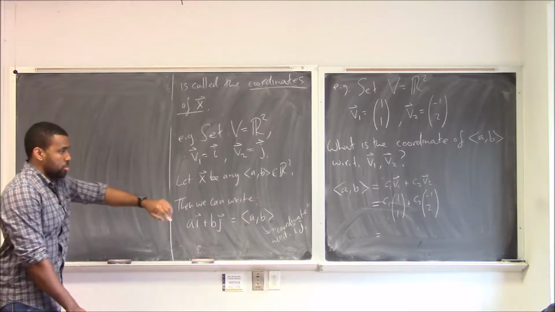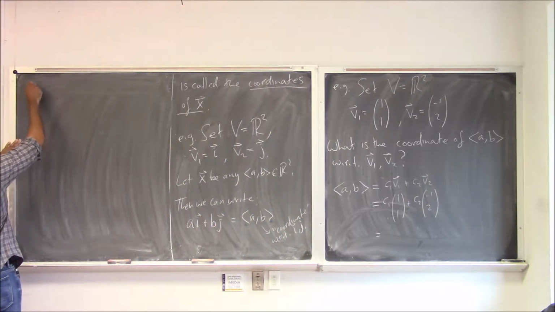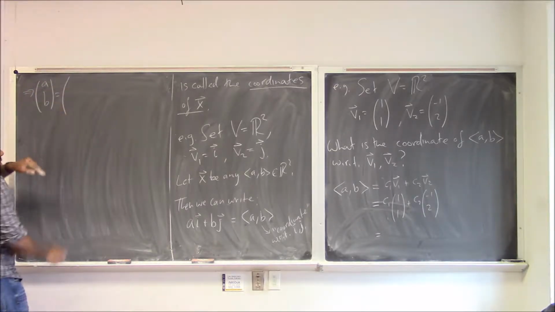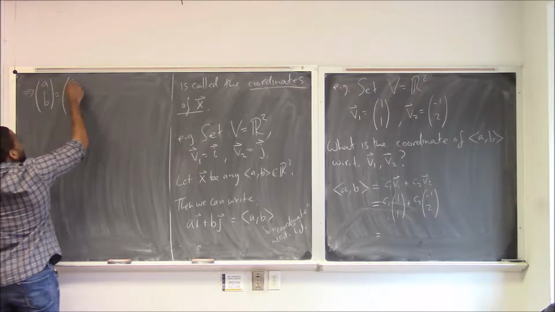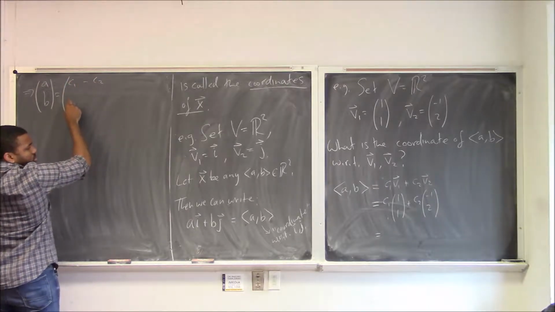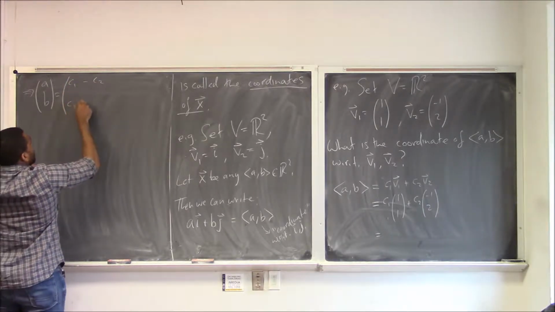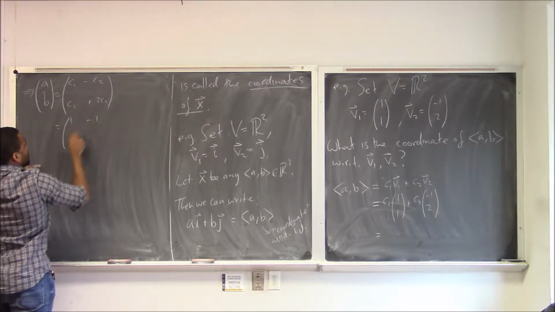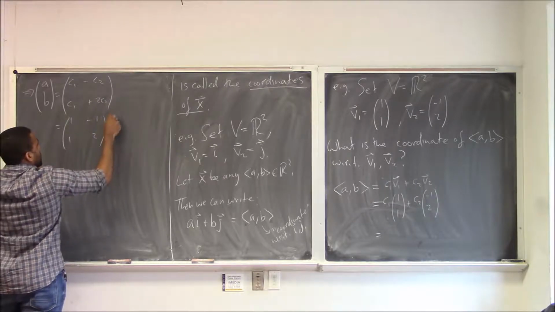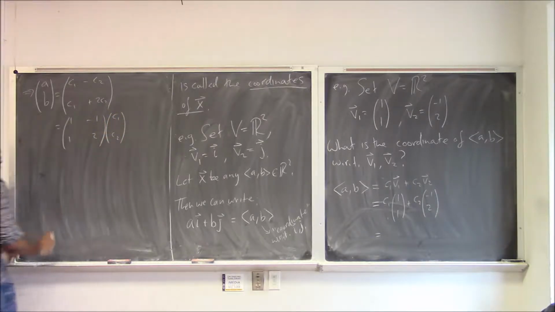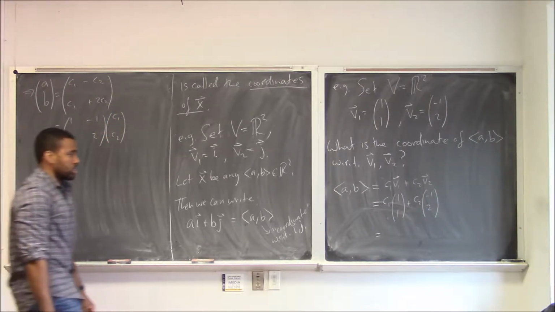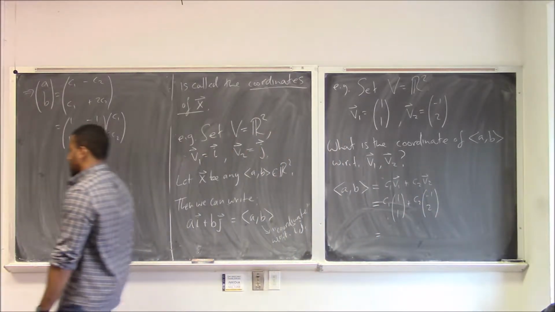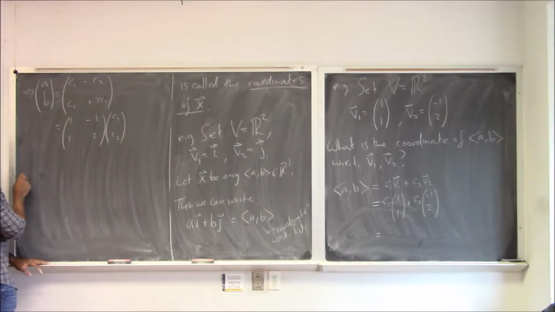So basically this is saying that your (a, b) is going to be equal to (C1 minus C2, C1 plus 2C2). Or in other words, I can think of this as the matrix [1 -1; 1 2] times (C1, C2). So this ends up being a system of equations. So answering the question, how can I write coordinates in terms of these two new vectors? It ends up being the solution to a system of equations.